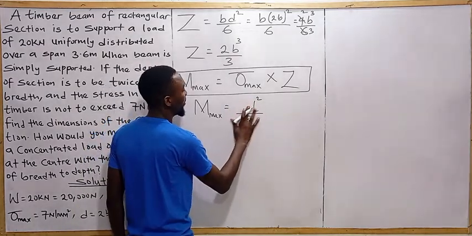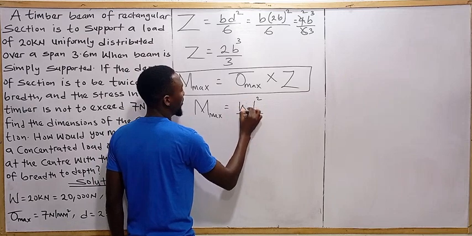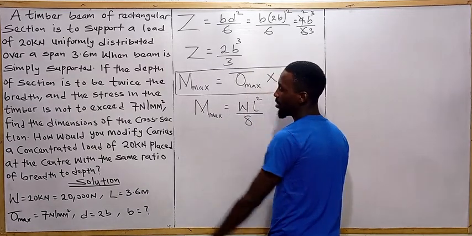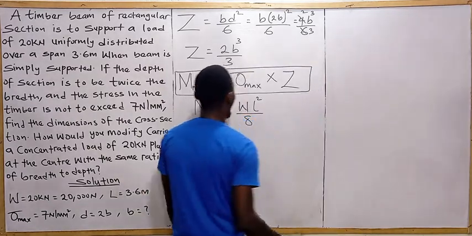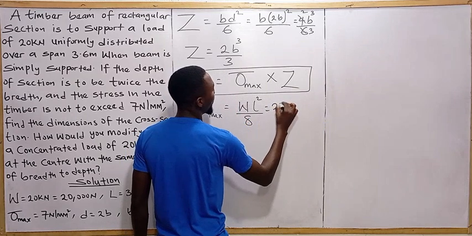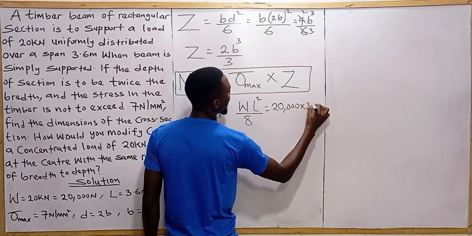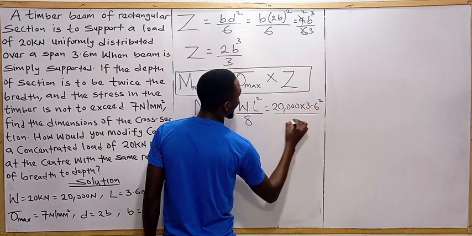So we know what our W is. Our W is 20 kilonewton, which is 20,000 Newton. So here we are going to have 20,000 multiplied by the length, 3.6 squared, divided by 8.